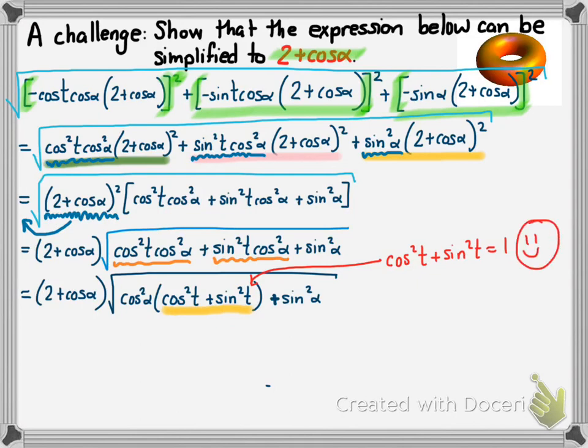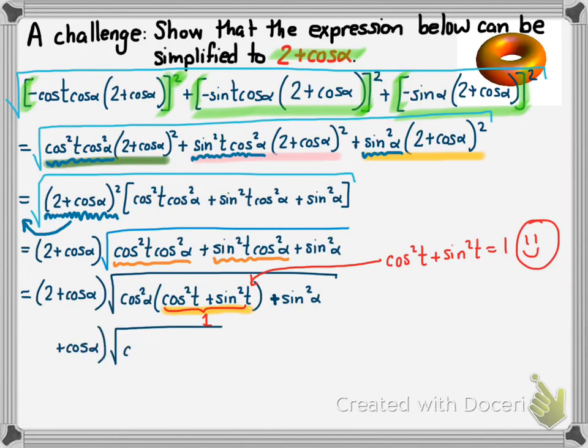And that makes me really happy because I can replace cosine squared t plus sine squared t with 1. Alright, so before I write those pieces down, cosine squared t plus sine squared t is 1.